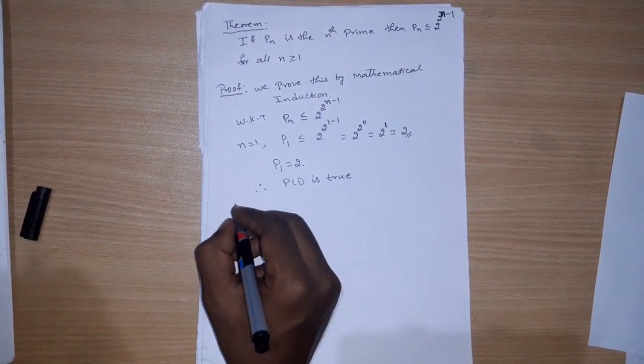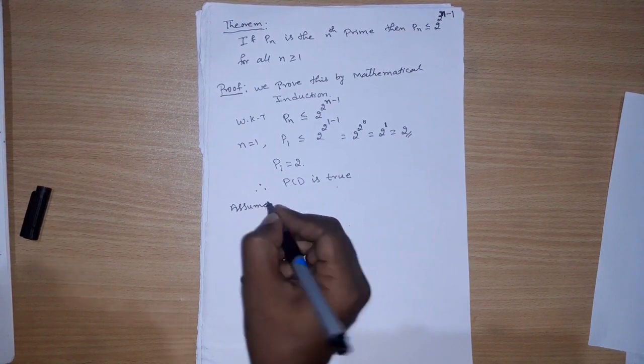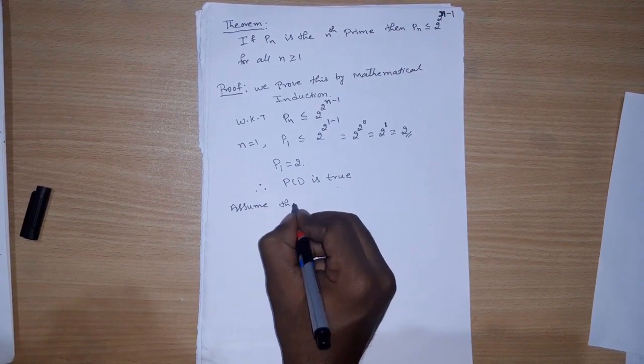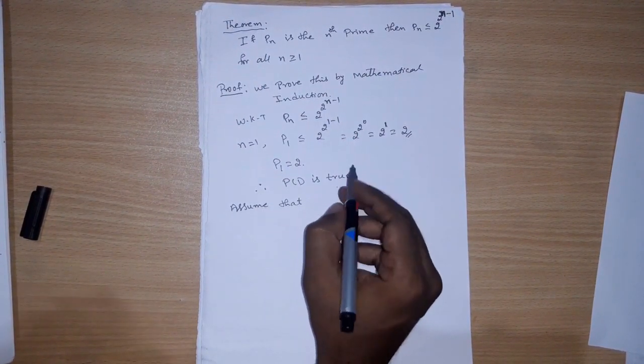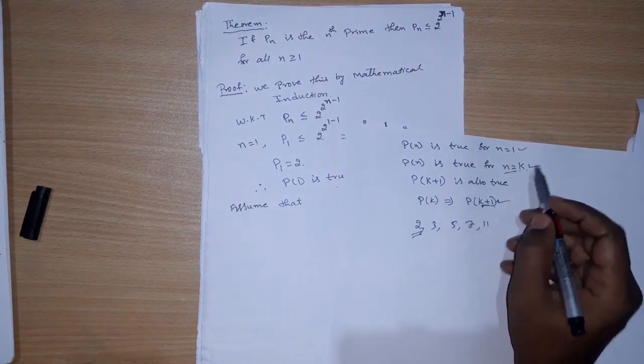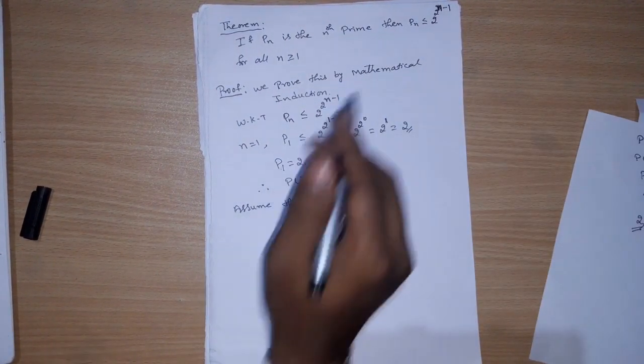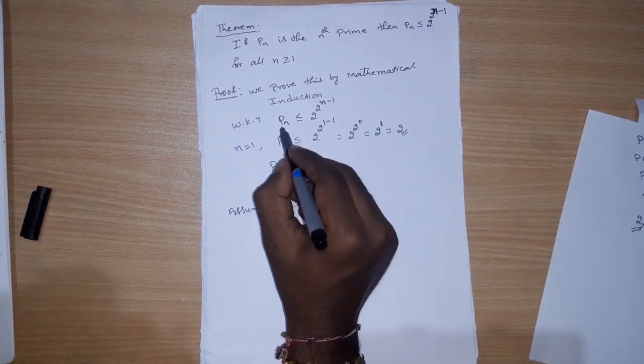Next we have to assume that n equals k, you have to substitute. So if we put n equals k, what happens?